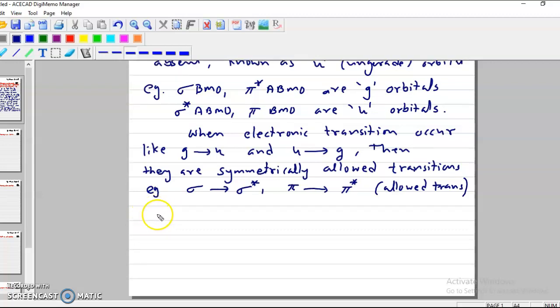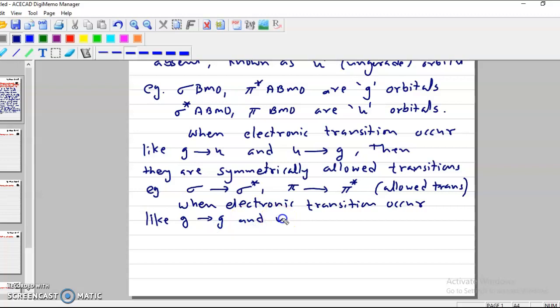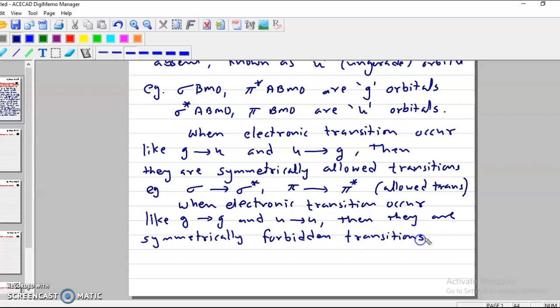Now, when an electronic transition occurs like G to G and U to U, then they are symmetrically forbidden transitions and difficult to occur, as for example sigma to pi star transitions and pi to sigma star transitions.